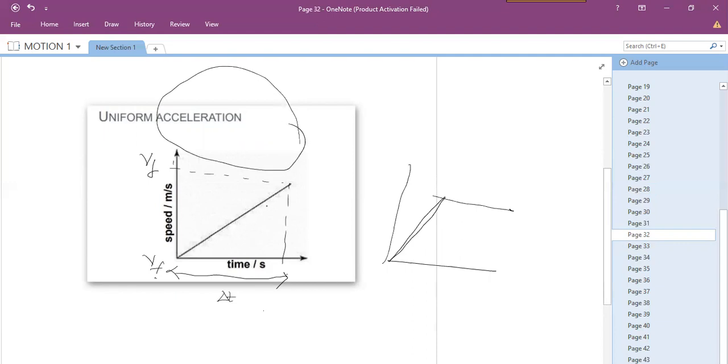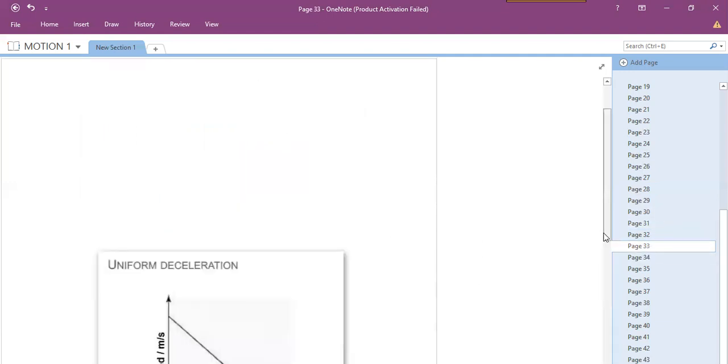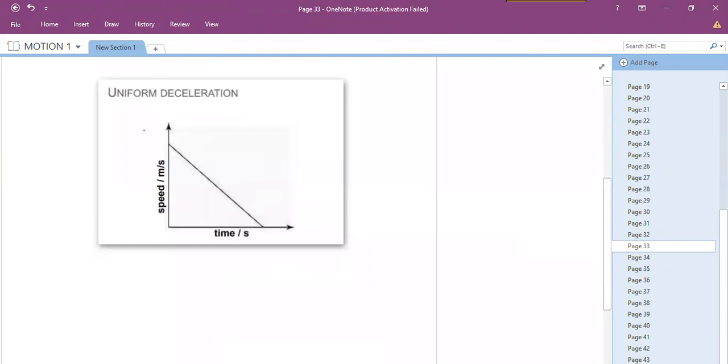So if you see a slope, it means there is uniform acceleration. If you see a decrease in slope, again here we have the initial velocity, the final velocity, and the change in time. This is retardation or deceleration. So if you see a slope in the opposite direction, that's deceleration.